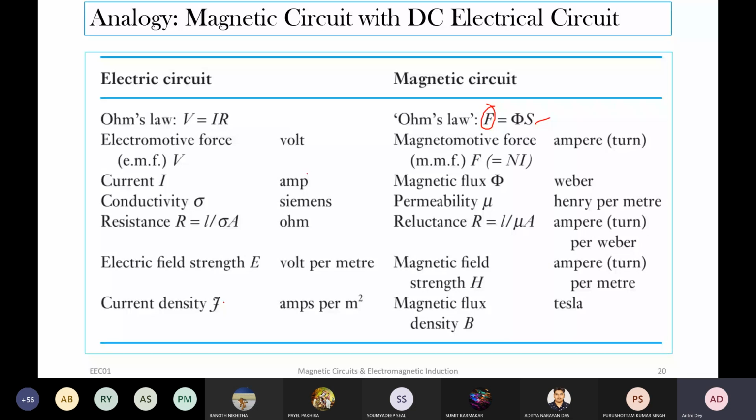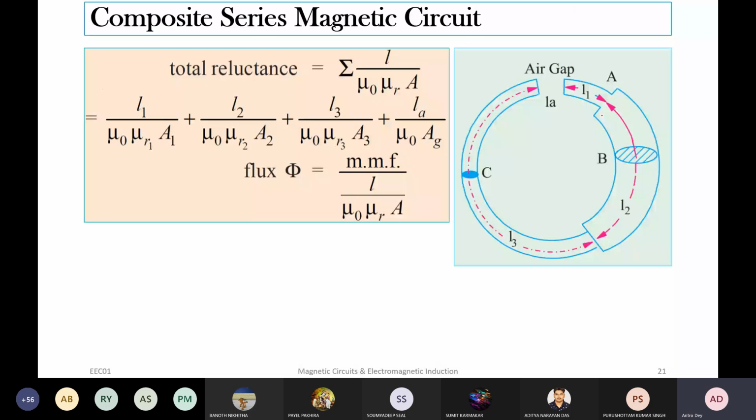So if we have a composite series magnetic circuit, it will look like this. You have a toroid of different cross section area. This is your air gap, having one cross section area, and then this is a different material, A, and this is B, a different magnetic material.